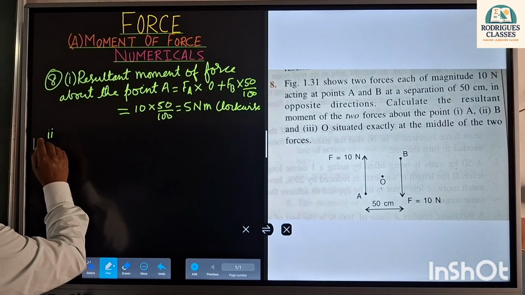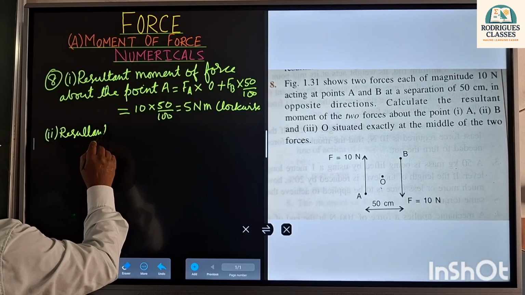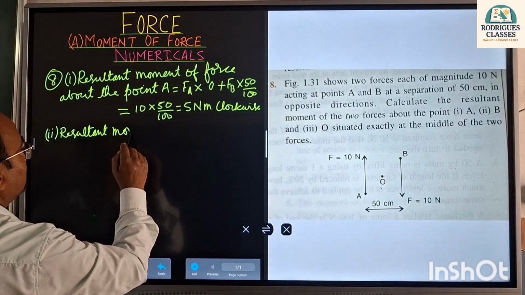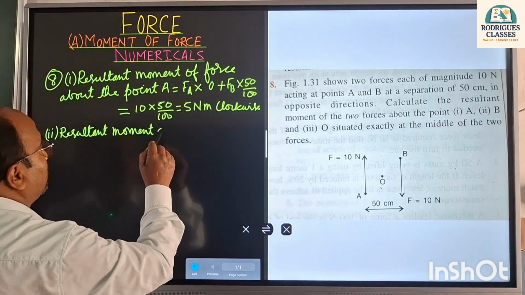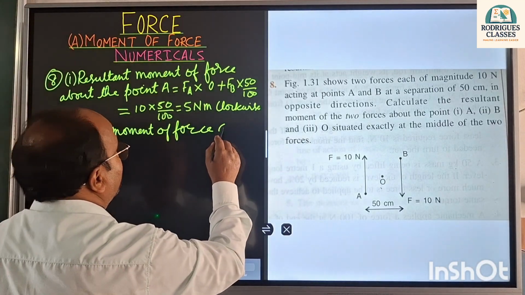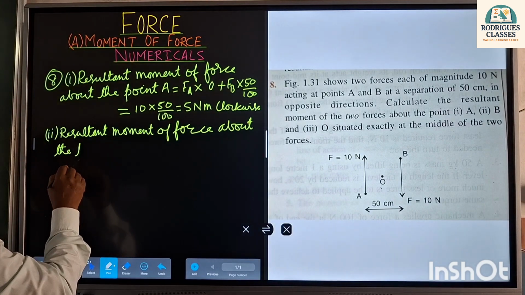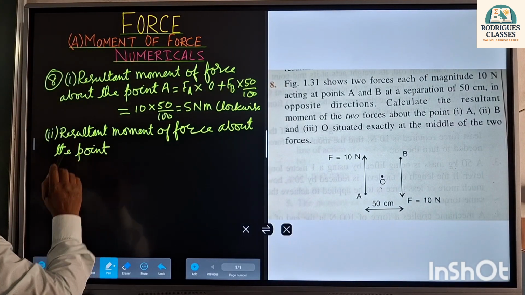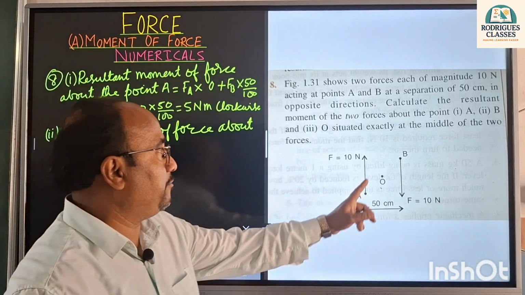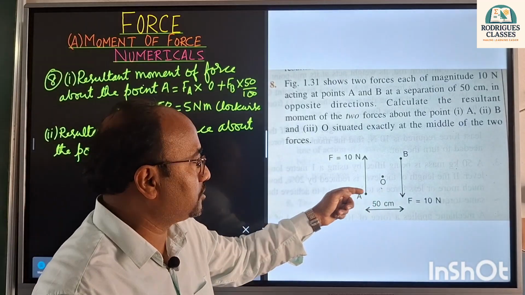In the same way we will go to the second part. The resultant moment of force about the point B. So about the point B, because of the force acting at A, the perpendicular distance is 50.